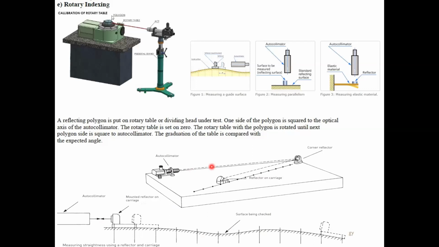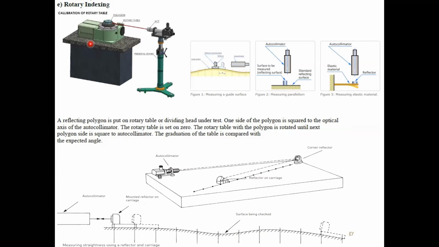Rotary indexing. Rotary indexing means on a circular part, if you want to make gradations or any markings. Suppose tool chucks are there in our lathe machine, and rotary tool holders are also there. If you observe in our skill development center, there is a CNC machine.